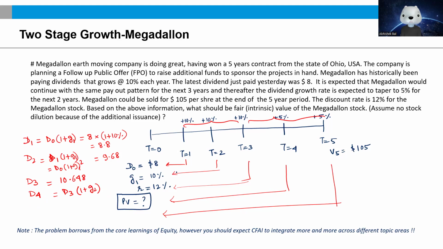So we could map the cash flows. This becomes my 11.18, and D5 is going to be equal to, similarly, either we can write D3 into 1 plus G2 square, or D4 into 1 plus G2, which is equal to 11.73.